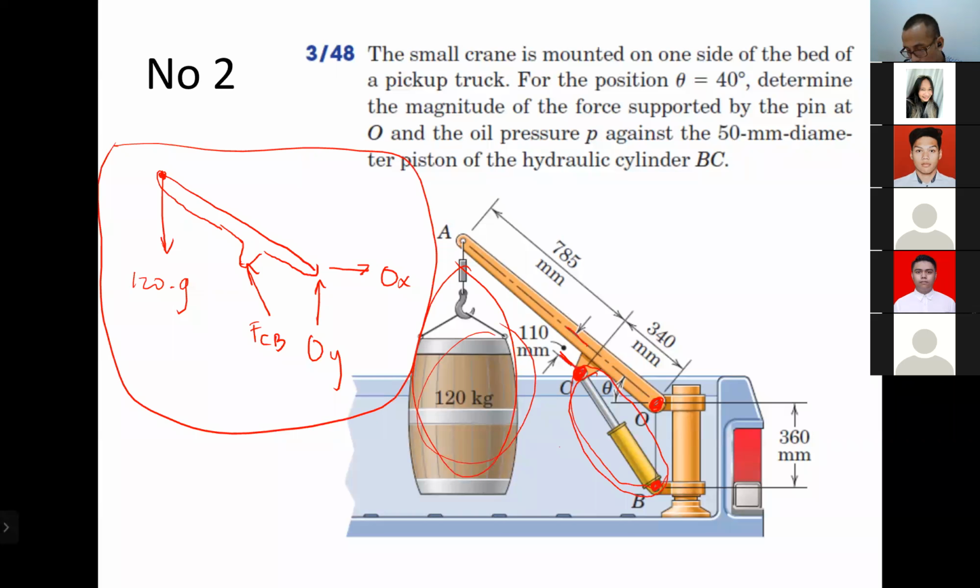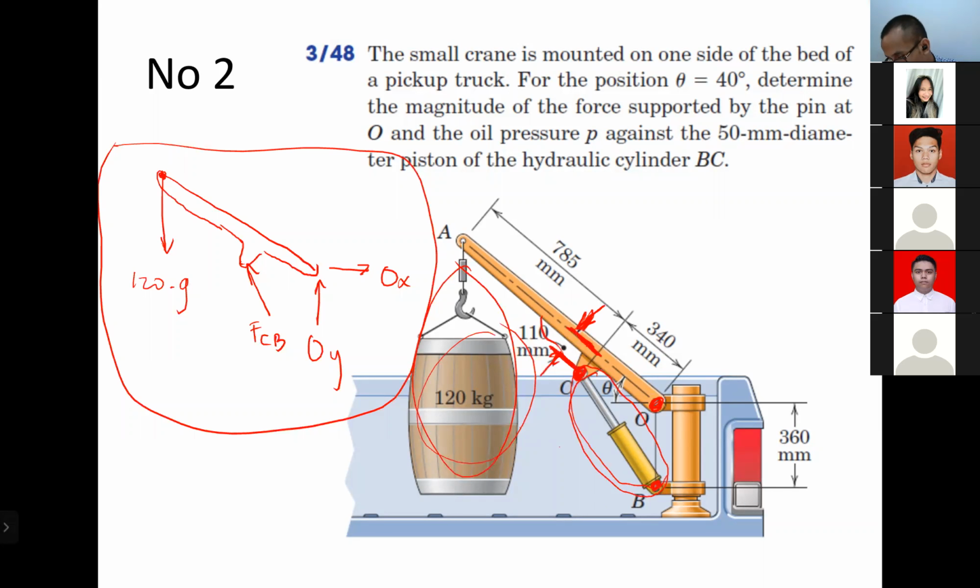Of course, it is supposed to be there because it will give additional moment, which is caused by FCB to point O. Okay. It's the distance from point C to the AOB, yes, this one. That distance.